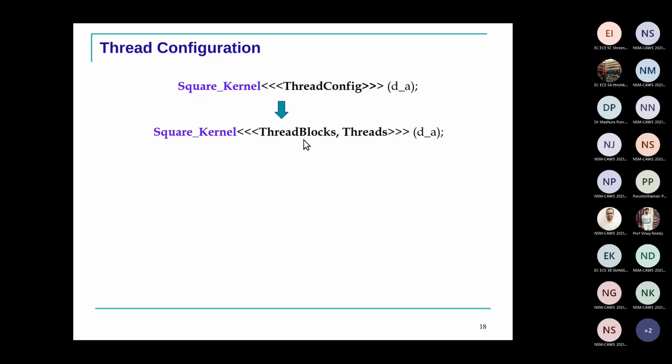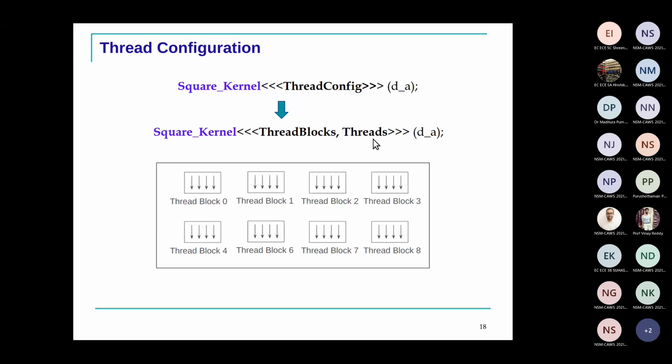Here you specify it in terms of thread blocks and the number of threads. Let's say you want 32 threads. You can specify 8 thread blocks with 4 threads in each, so effectively 8 times 4 gives 32 threads. You specify the thread blocks and the number of threads within each thread block.